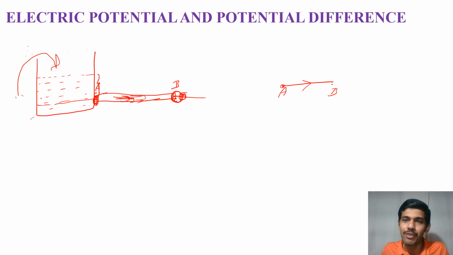The amount of charges present at point A and the amount of charges present at point B should be different. Then only the current starts flowing in the wire. That particular difference is called the electrical potential difference.